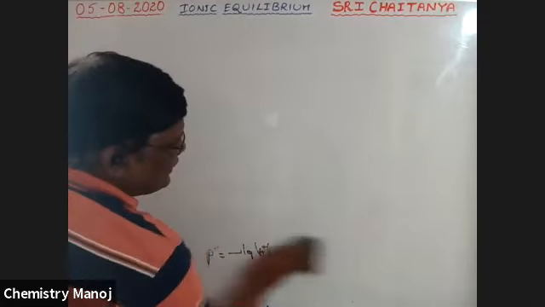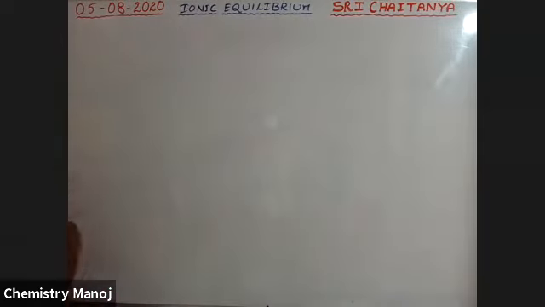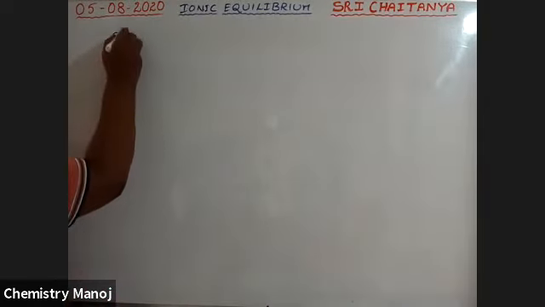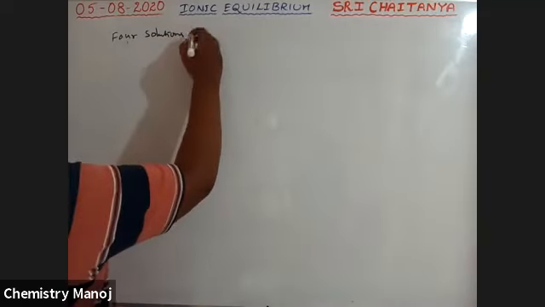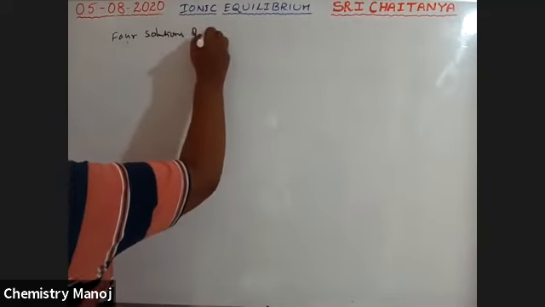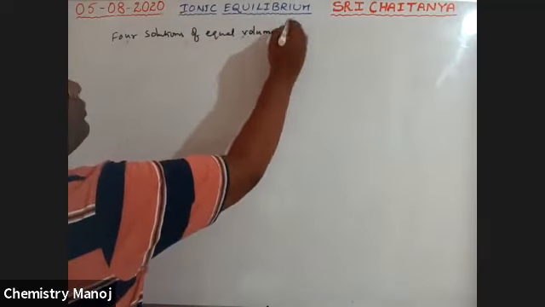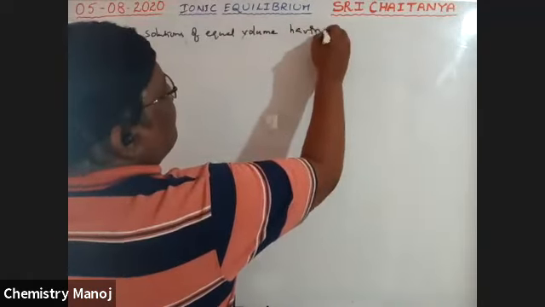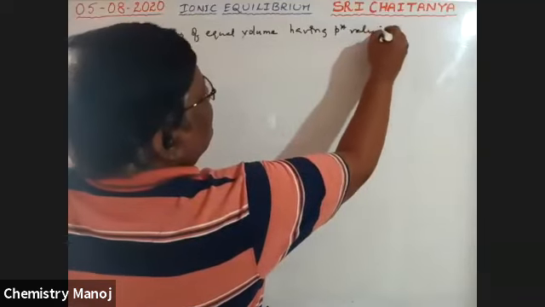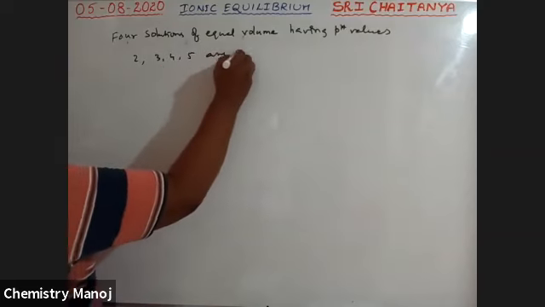So, when two strong acids or two strong bases are mixed, this is the way to calculate it. See boys, 4 solutions of equal volume having pH values 2, 3, 4, 5 are mixed.